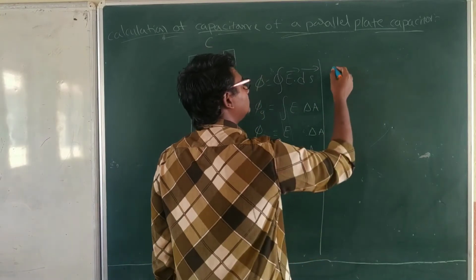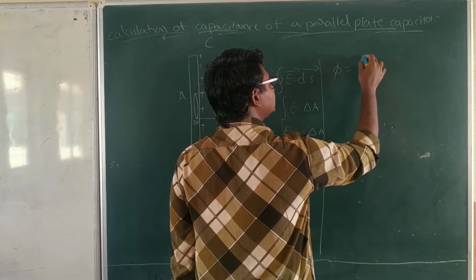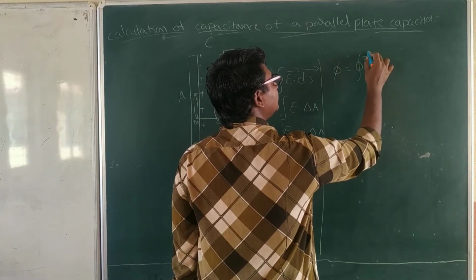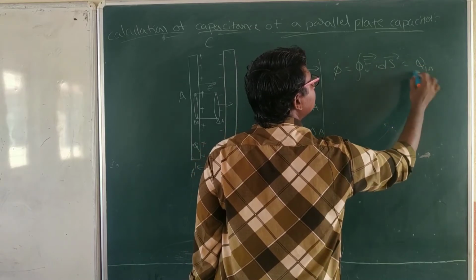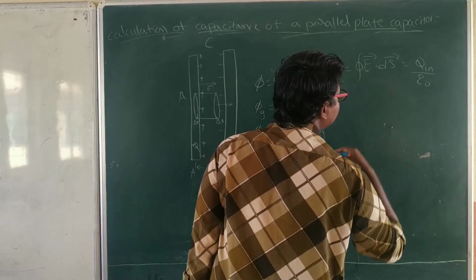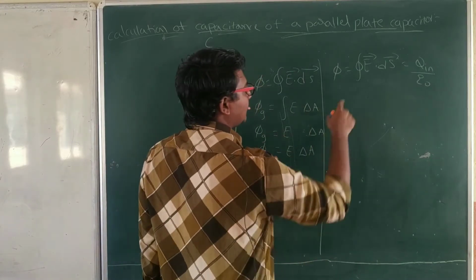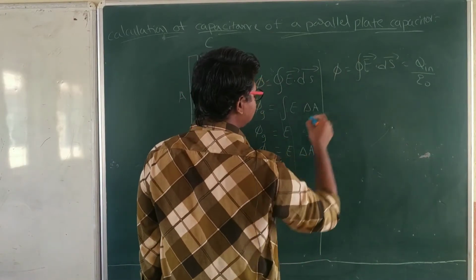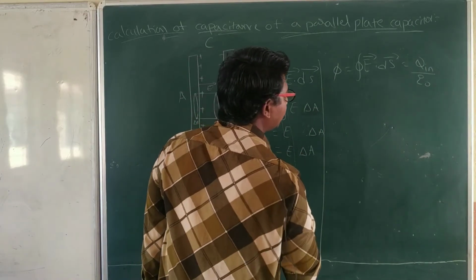Now according to Gauss formula, phi is equal to integral E bar dot ds bar is equal to q inside by epsilon naught. This one already we know, Gauss formula. From this we already found that it is equal to E delta A. And what is the q in by epsilon naught?